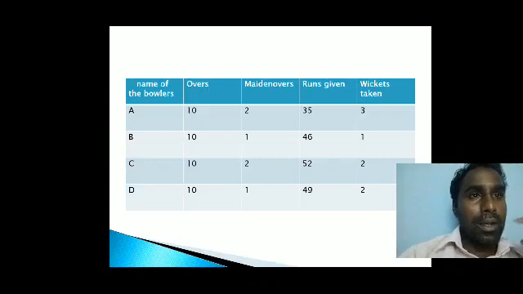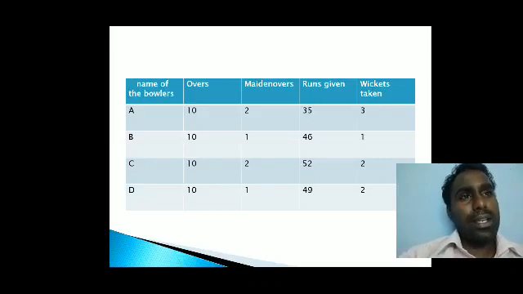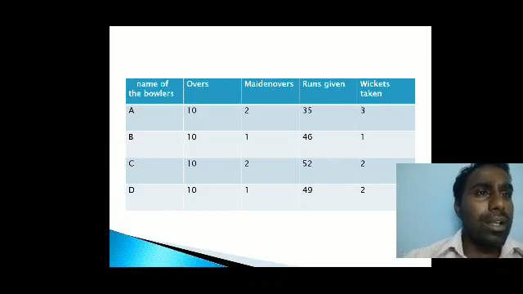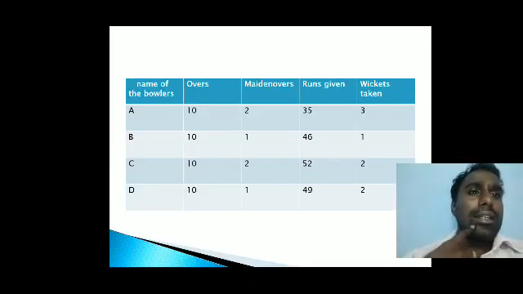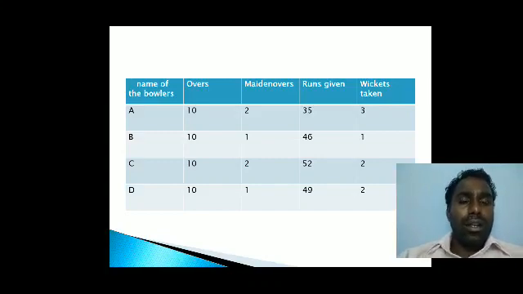This tabular column gives some information: totally 40 overs were bowled, and each bowler bowled this many overs and took this many wickets. If we put it in a tabular column, we get one idea about this.